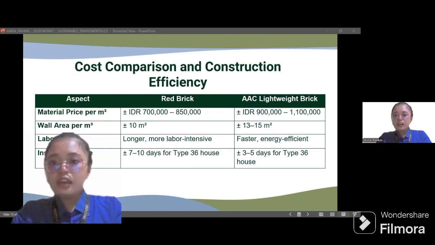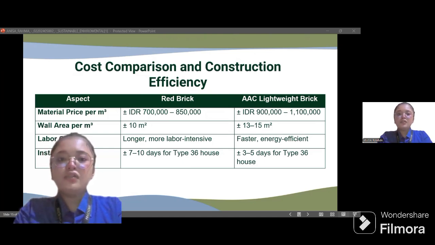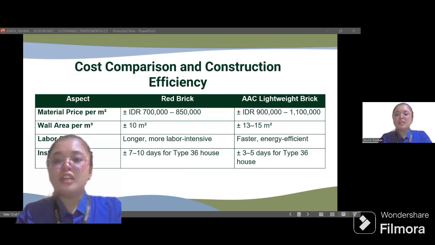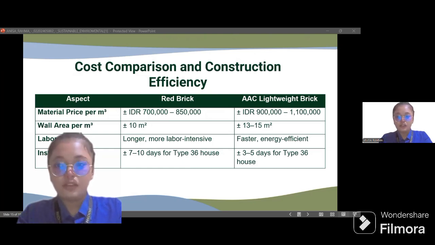In LCA, cost is not only viewed from the perspective of material per unit price, but also includes installation time, labor requirement, and the structural efficiency per unit volume of the material, which ultimately contribute to overall environmental footprint throughout the building life cycle.